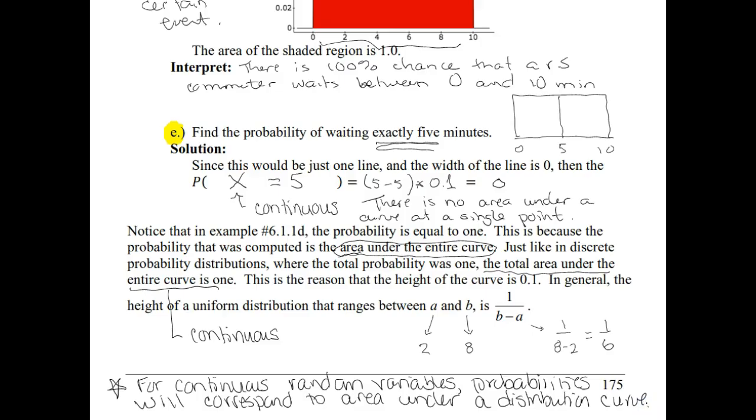And in this first section, we're starting with uniform distributions because we're finding areas of rectangles, which we already, from previous math, know how to compute.